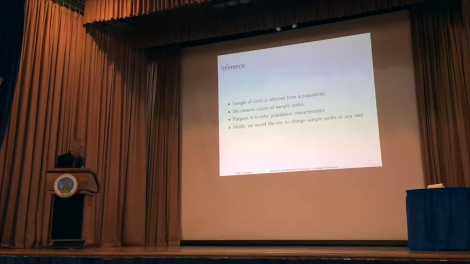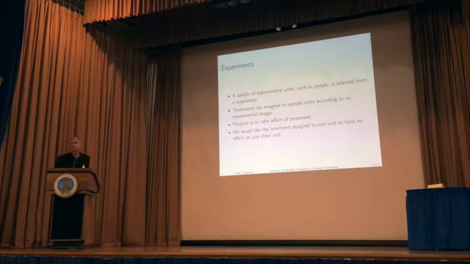And in an experiment, in contrast, we have a sample of experimental units. We assign treatments to units according to an experimental design. And so we want to make an intervention to change and then to follow through and be able to make inference on the effect of that intervention.